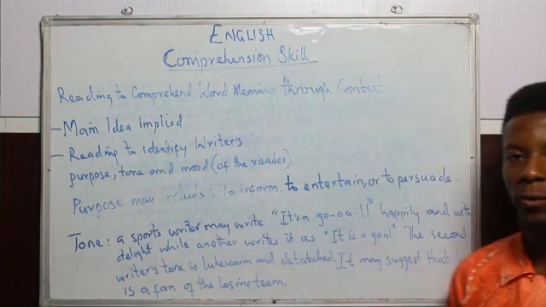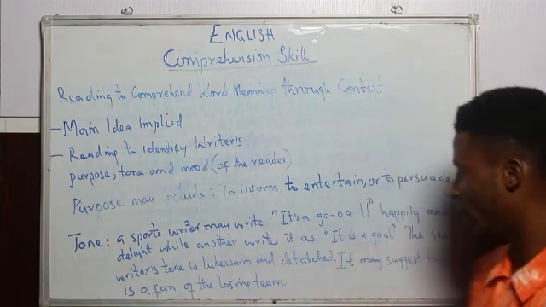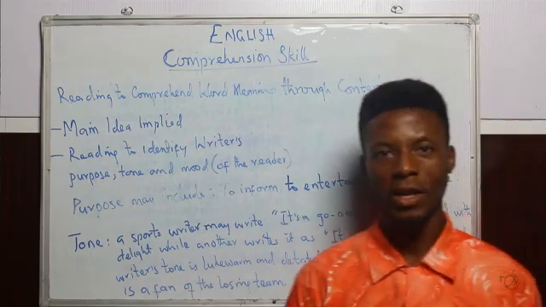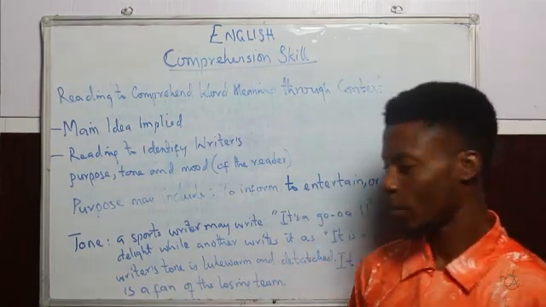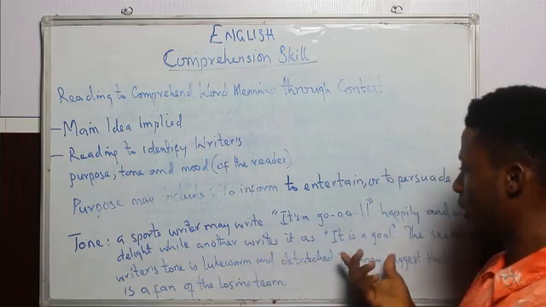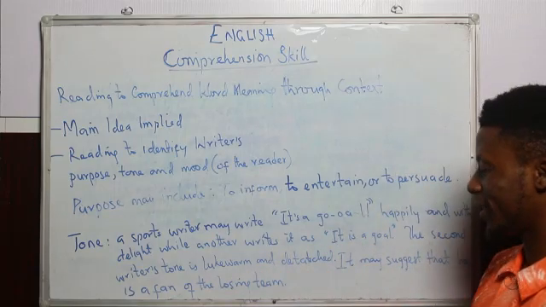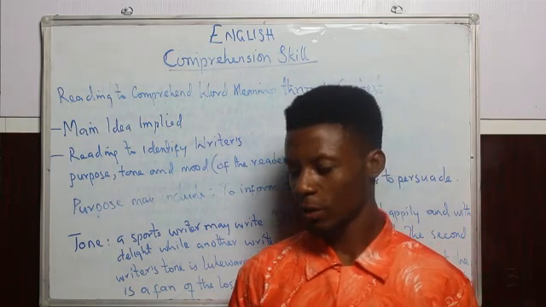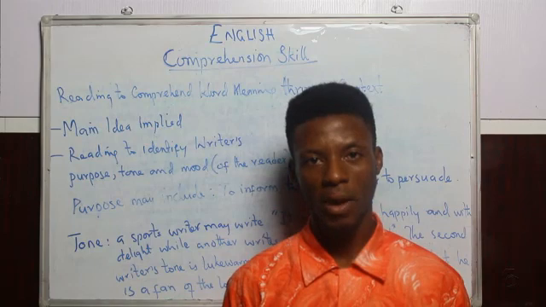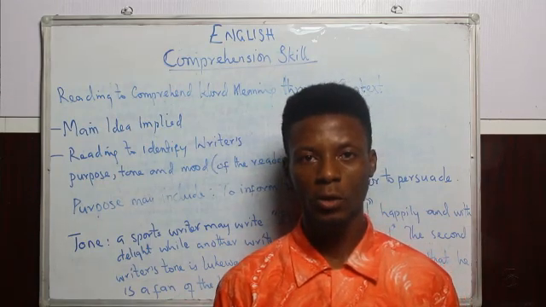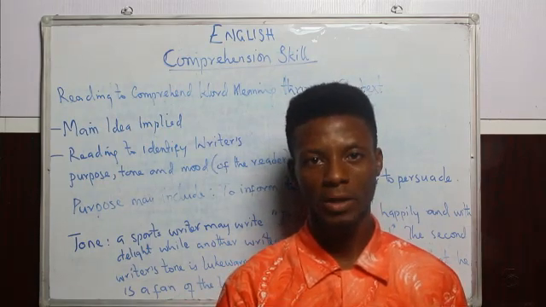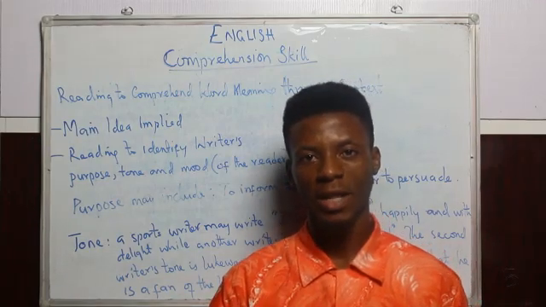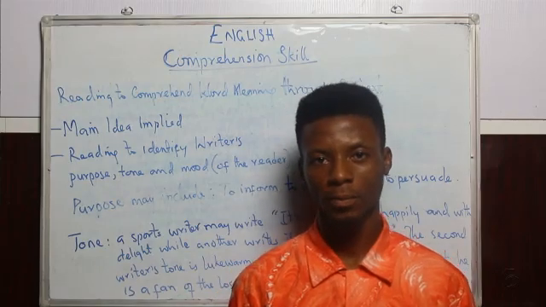The tone that the second writer uses here may indicate that the second writer is a fan of the team that is losing, because he writes in a lukewarm manner and in a detached sense. So whenever we are going through a passage, let us always look for clues like the manner and the choice of words of the writer. It actually helps in determining the tone of the writer.